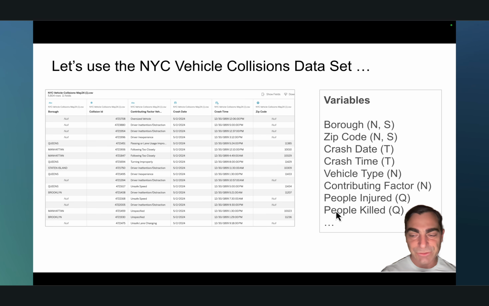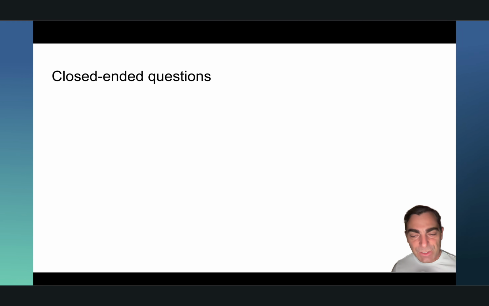Many, many attributes. So now let's look at what kind of questions we might want to ask and answer of a data set like that in order to understand vehicle collisions in New York City.